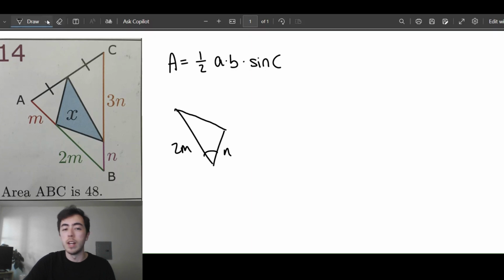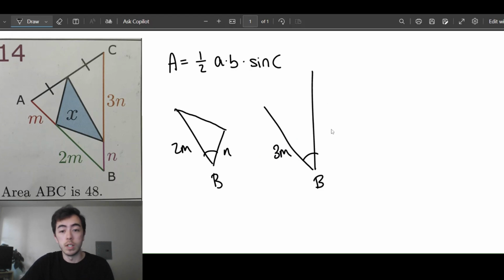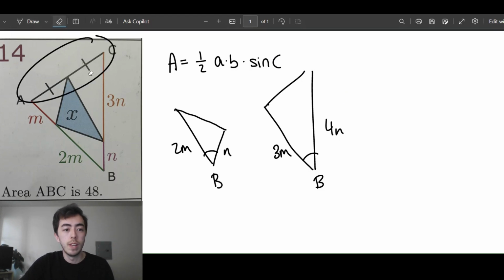I wanted to find another triangle with a common angle, and it's going to be the big one. The big one has the same common angle down here at point B, and then this side is going to be longer. That's going to be 3m, and the vertical side is going to also be much longer. It's going to be 4n, and I'll connect the two sides because they're connected up here.